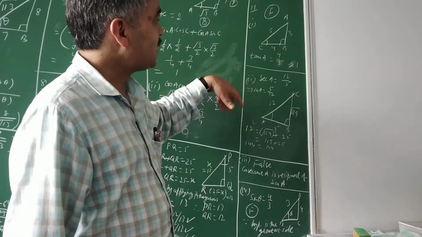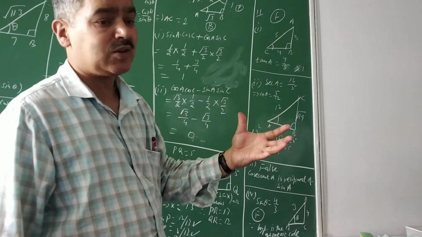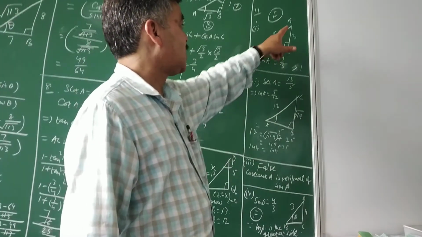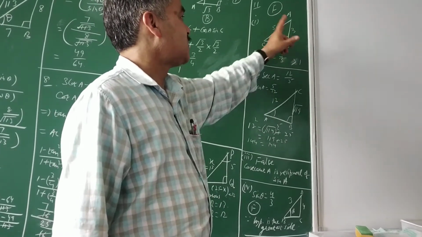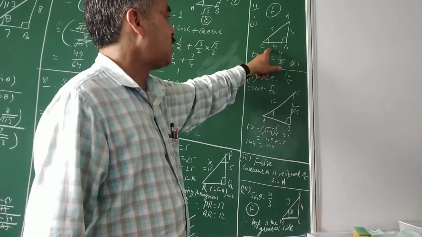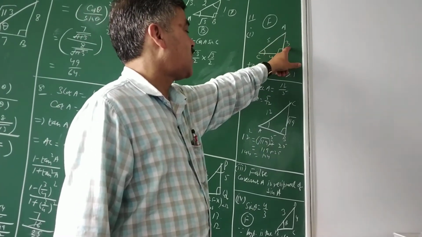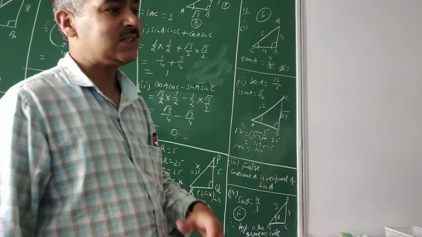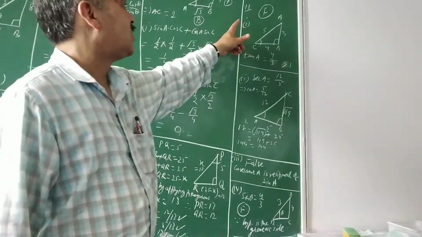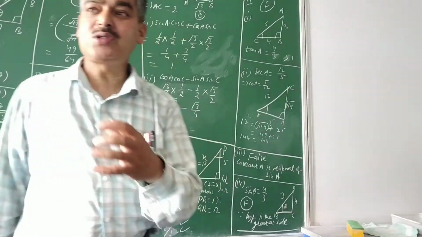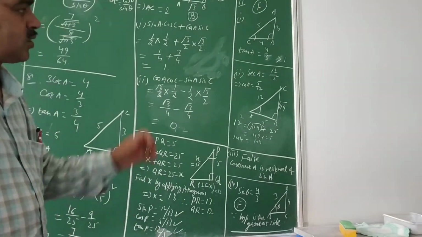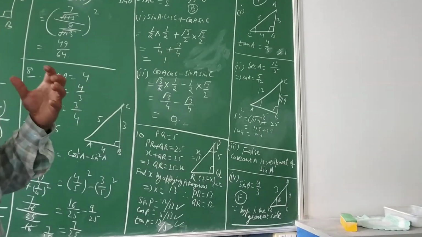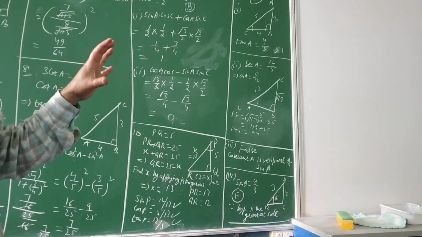Tangent A means, if here is A, this is the perpendicular, this is the base and this is the hypotenuse. Perpendicular is 4 and base is 3, so 4 upon 3 is greater than 1, hence this is false. This is the way to answer these questions, with justification and support for your answer.